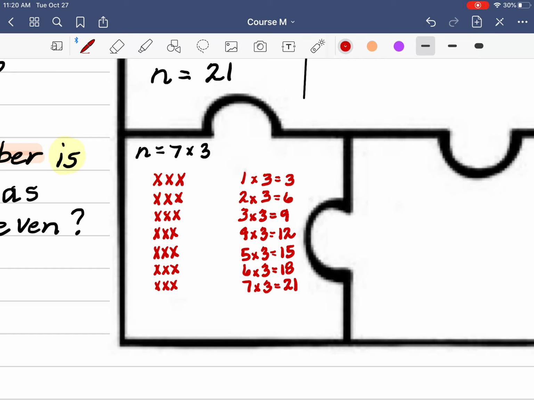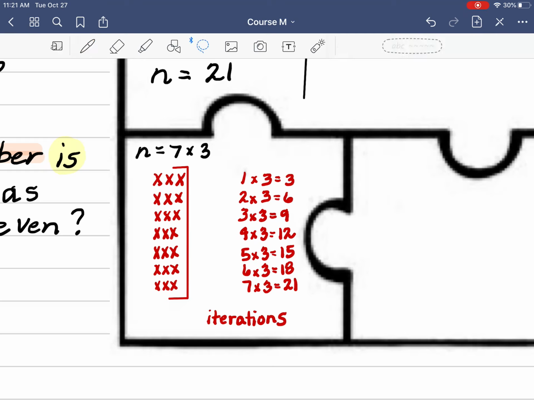Okay. So what we can say, this is a vocabulary word, but I did not do a flashcard. These x's, these layers, are called iterations. Iterations.